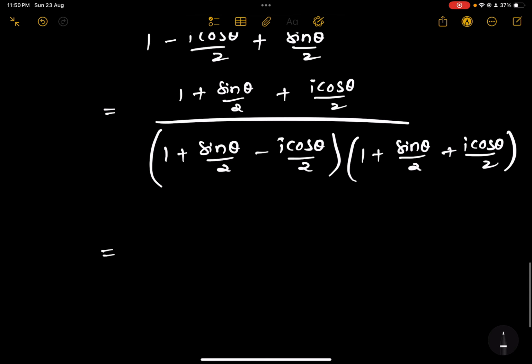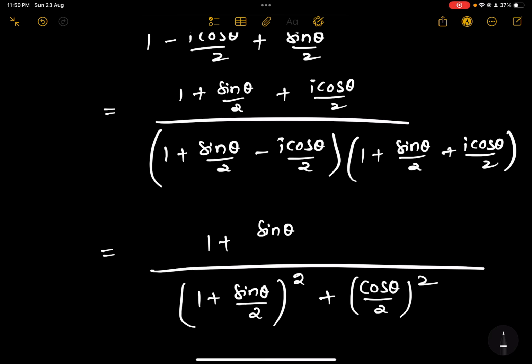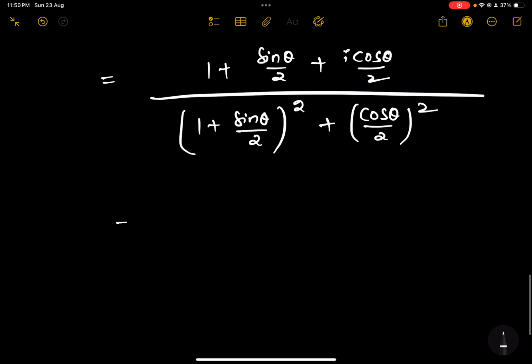Alright, let us simplify the denominator first. So a minus b into a plus b, that is simply a square plus b square, cos theta by 2 whole square. Alright, in the numerator you will have 1 plus sin theta by 2 plus i cos theta by 2. Now in the denominator let us simplify.